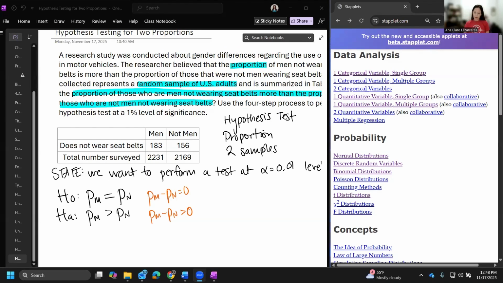Now we need to identify our parameters and context. So where PM is the true population proportion of men not wearing seatbelts.